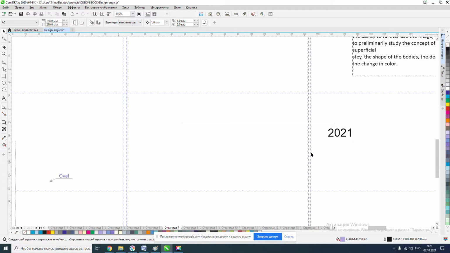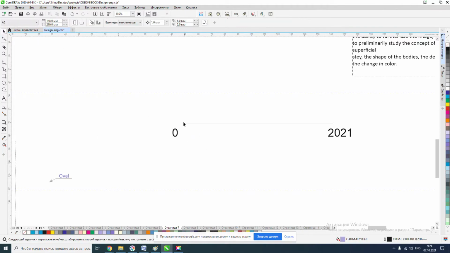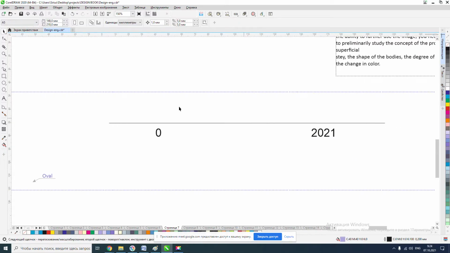But this 2021 at the beginning has 0. Everything starts from 0. It was 0, then the first year, the second year, the third year, and now it's 2021, and in future there will be 2022, 2023, and so on.